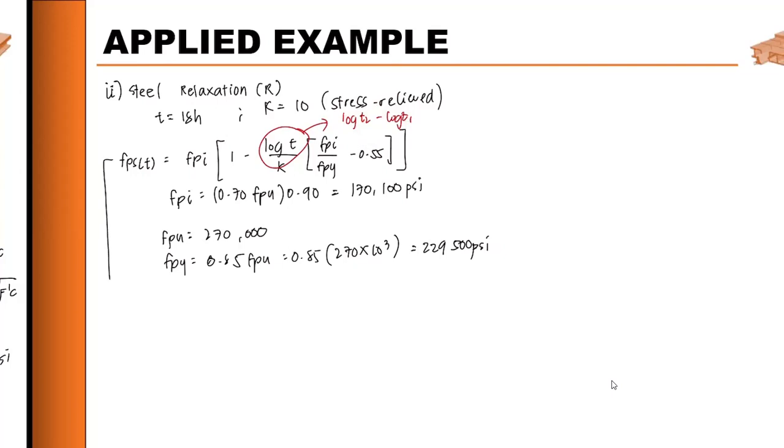So let's substitute. FPST is equal to the value of our FPI, which is 170,100, multiplied by 1 minus log of 18 all over K, which is 10, times FPI, which is 170,100, all over 229,500 minus 0.55.